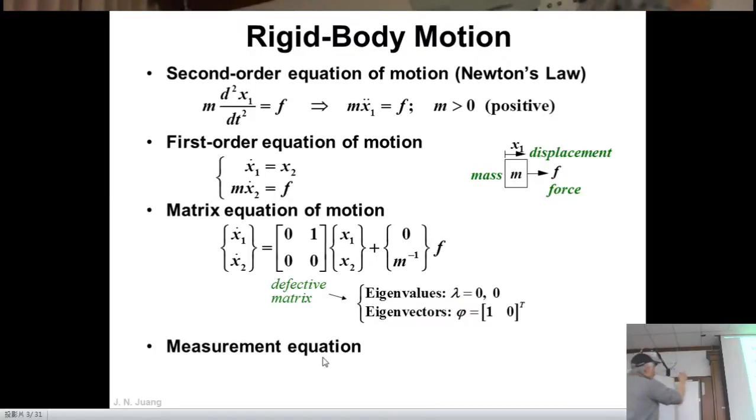This matrix equation of motion, another name we call state matrix or state equations. All right, you write it down.